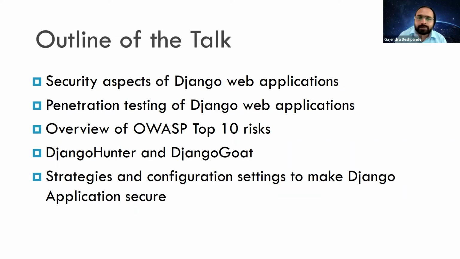Then we will discuss two important tools: Django Hunter and Django Code, and strategies and configuration settings to make Django applications secure. Of course, we will not be discussing these topics in a sequence. We will take one OWASP risk and discuss the associated solution with it.